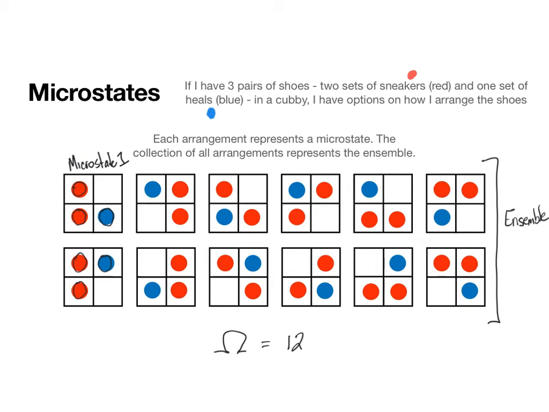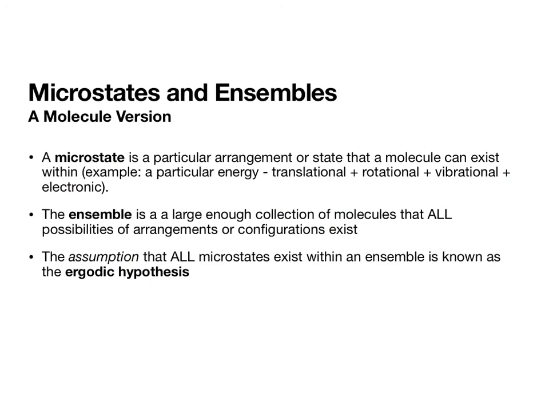Okay, so that's shoes. Let's think about this in terms of molecules. So if we think about energy, a microstate can be a particular arrangement or state that a molecule can exist in. So a particular energy: translational, rotational, vibrational, electronic.